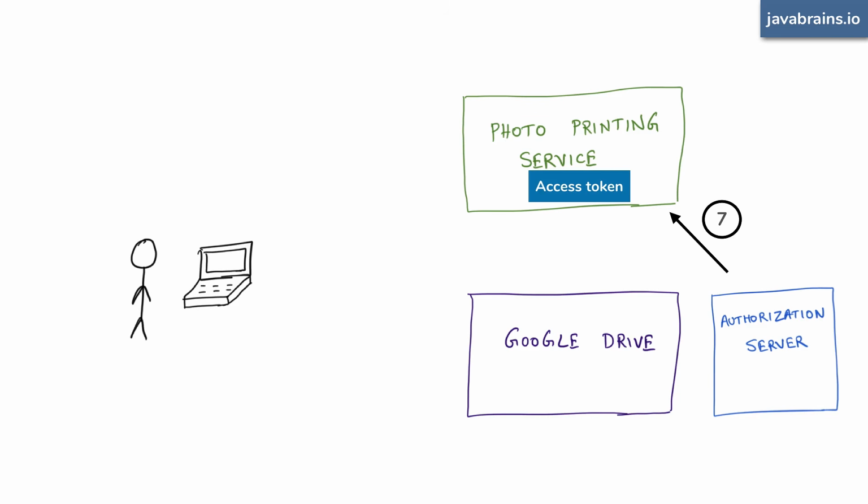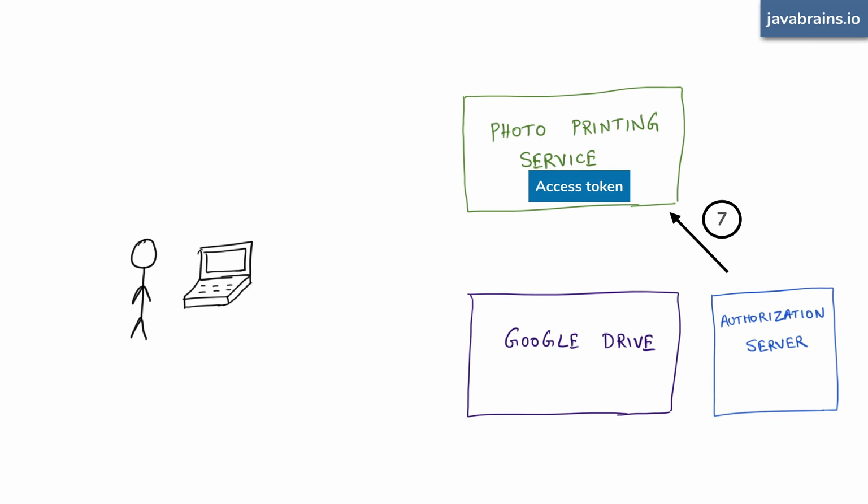Now the photo printing service, the client, sends the authorization token back to the authorization server and says, yes, this is actually me. Can you please give me an access token? The authorization server says, okay, now we have done both sides of the exchange. Now I fully trust you and I give you this access token. Go ahead and use this access token to contact the resource server and access the resource.